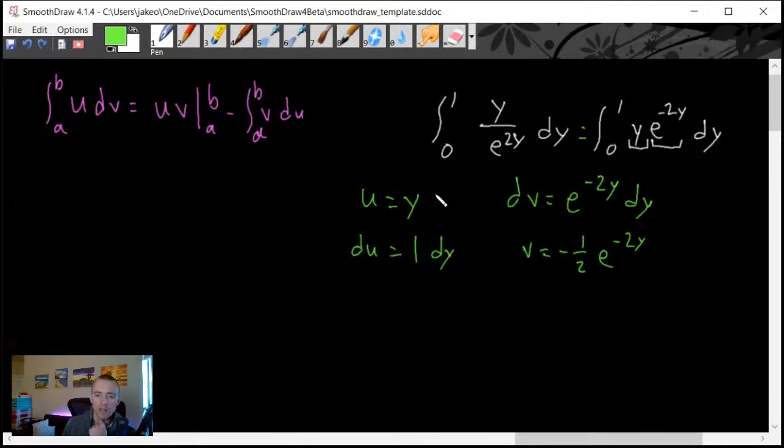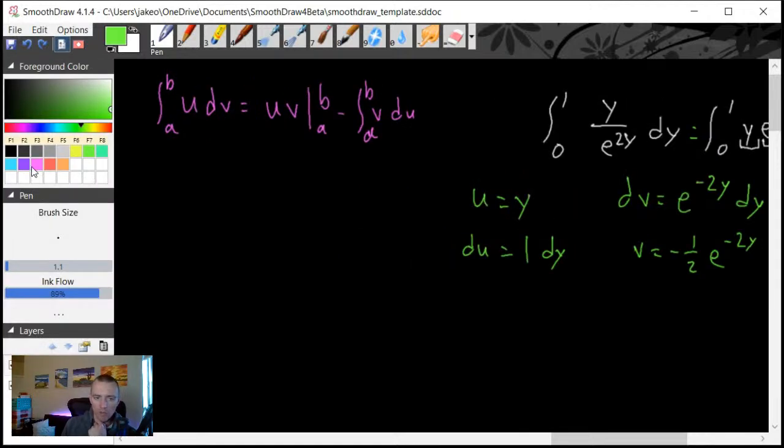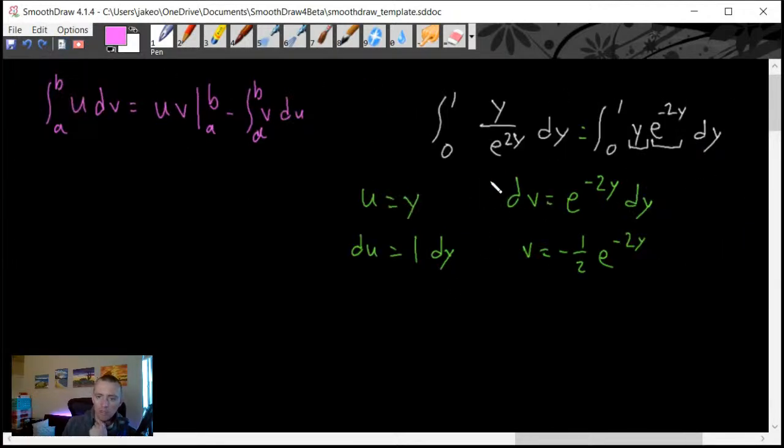Okay, so once we've decided our u, our dv, our du, and our v, we can plug these 4 things into this formula here. So doing that, we're going to be able to rewrite this original integral as u times v, so y times all this here. So I'll actually write the constant out front here.